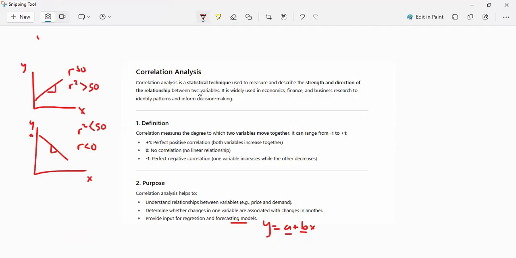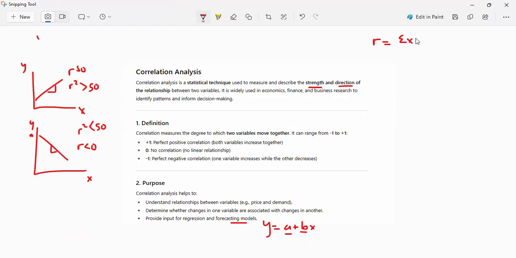Okay, so the correlation analysis is a statistical technique that is used to measure the strength, which is R squared. R squared is the coefficient of determination. And the direction. The direction is simply the coefficient of correlation, okay, which is given by R. R is given by summation of what?